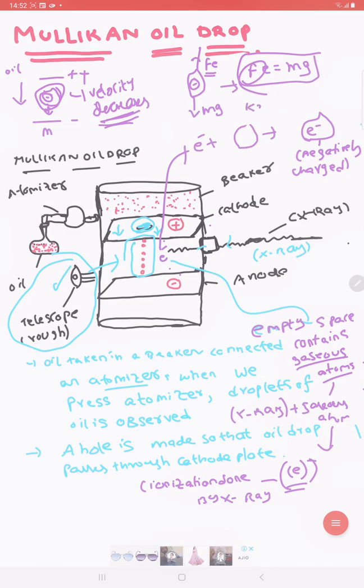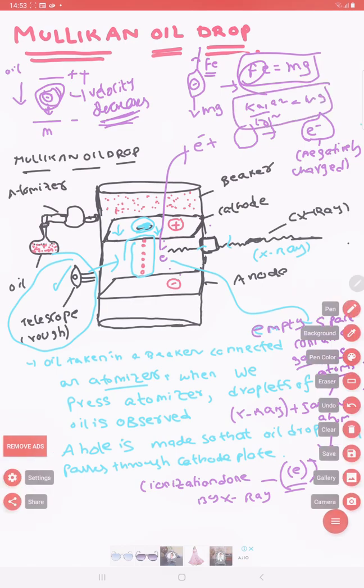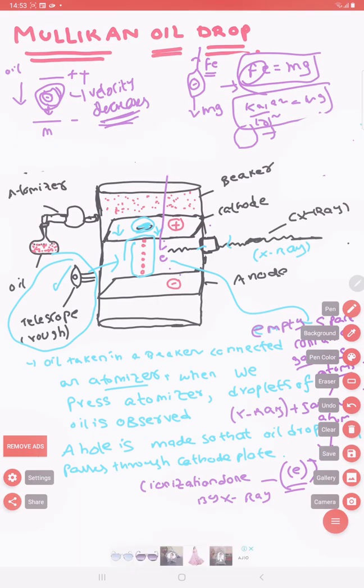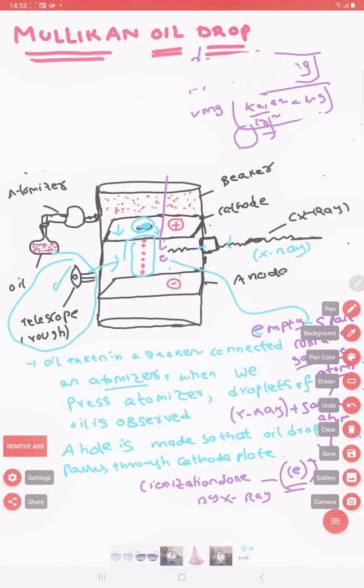K into Q1 Q2 by R square is equal to mg, right? This is an important equation.